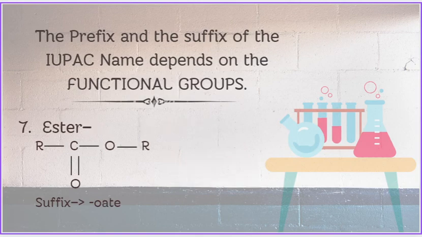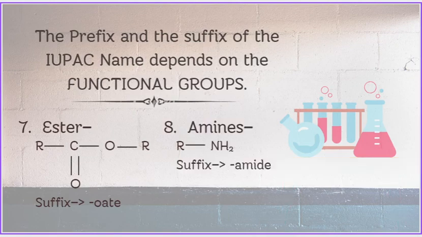Then we come to ester, which is RCOOR, a double bond O and then single bond O and single bond R. R is an alkyl group, COO is ester, and the suffix used is oate. Next we come to amines, which are RNH2. R is the alkyl group and NH2 is amine. The suffix used for this would be amide.